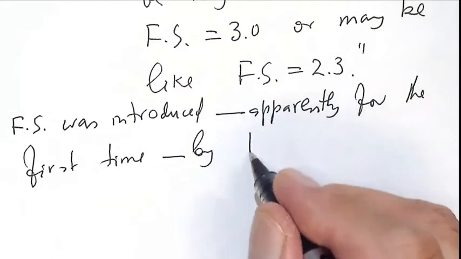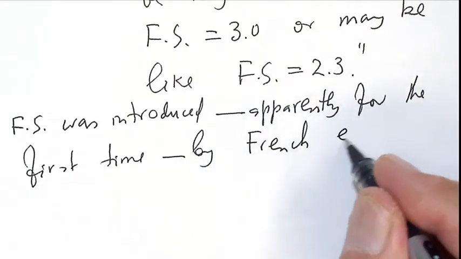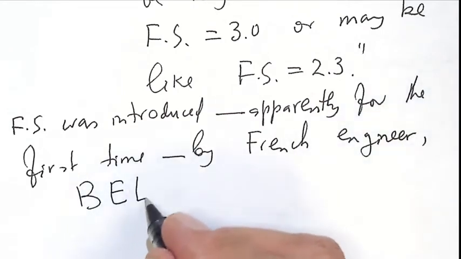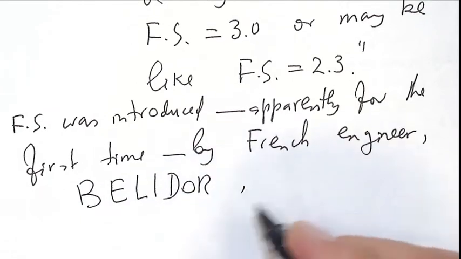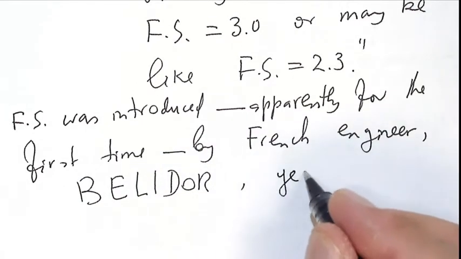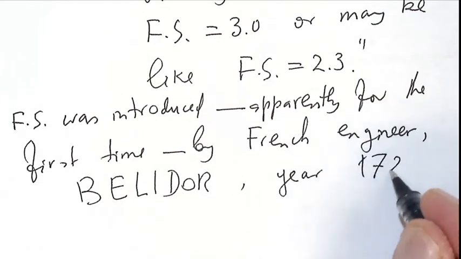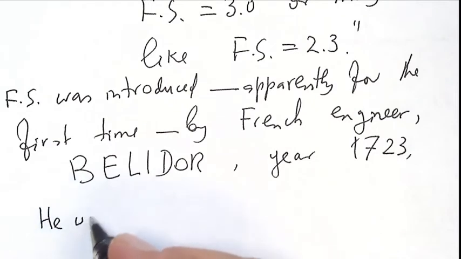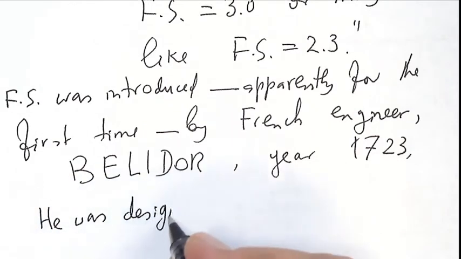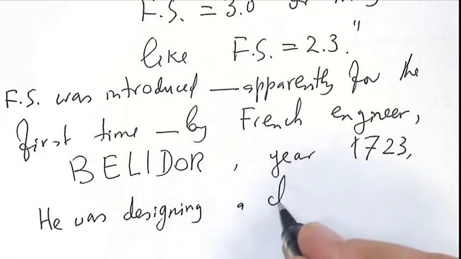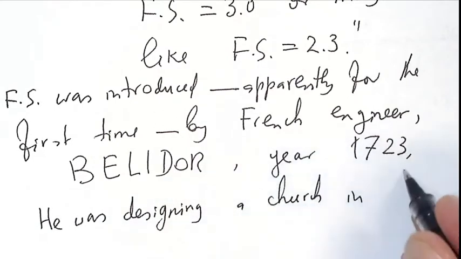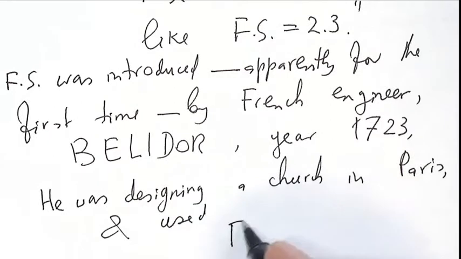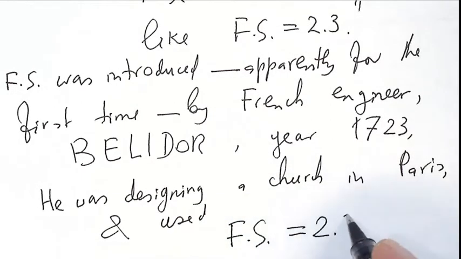By French engineer Belidor, I think in year 1723, and he was designing a church in Paris and used factor of safety equals 2.3.